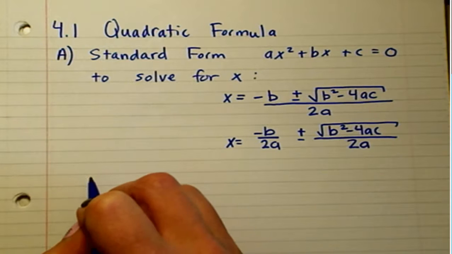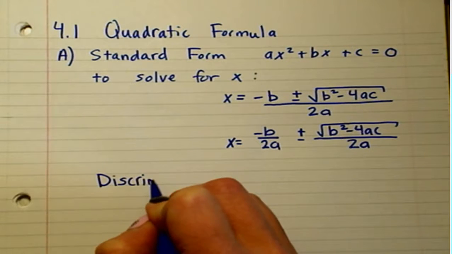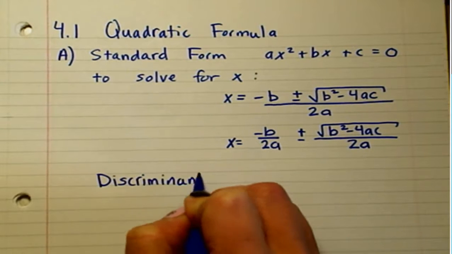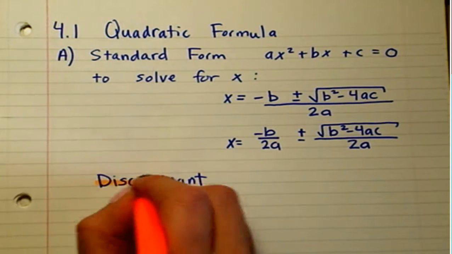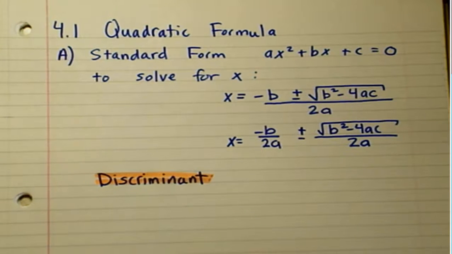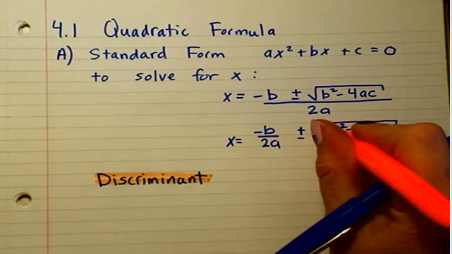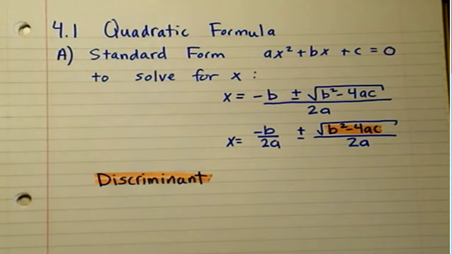All right. Now, the discriminant is another vocab word today. Okay, discriminant. It's related to the quadratic formula. It's the number under the radical, right?